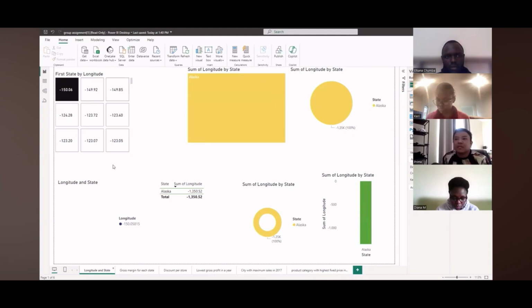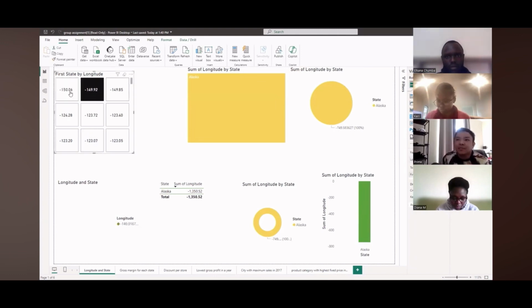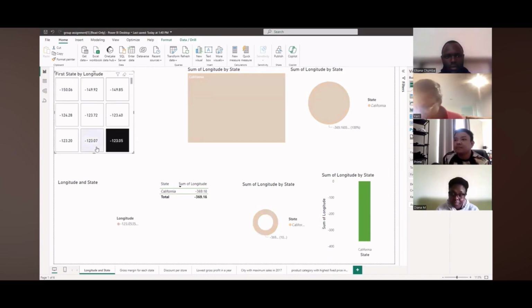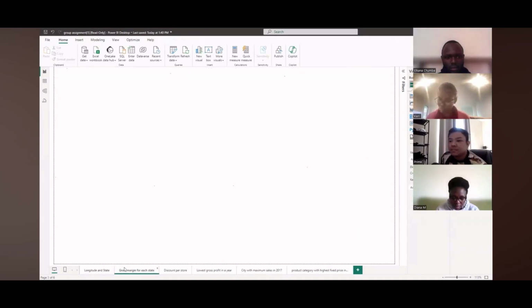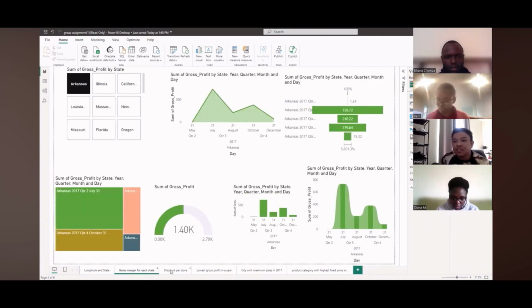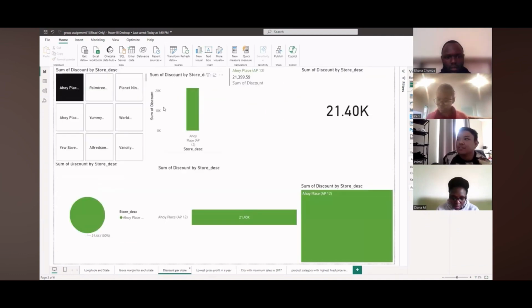As he said, every time you press this slicer, for example for the first state and longitude, you can see that all the data is going to change, and they all have data for each state. So he already explained the longitude in state and gross margin for each state. So let's proceed to our discount per store.